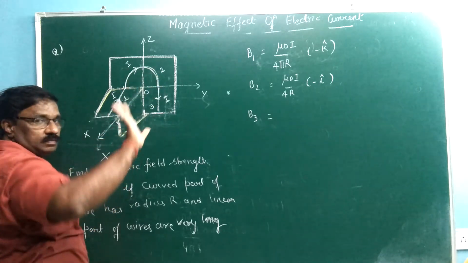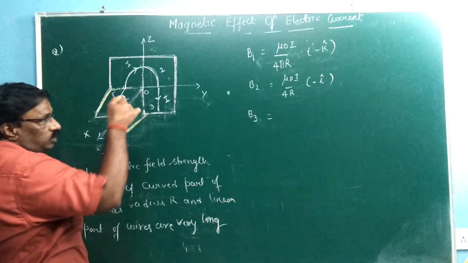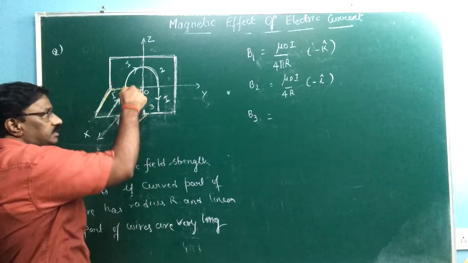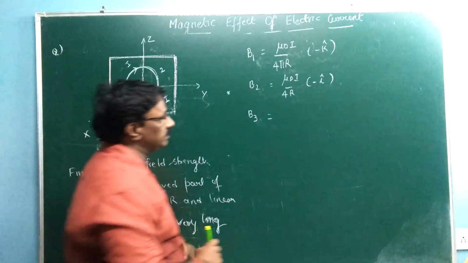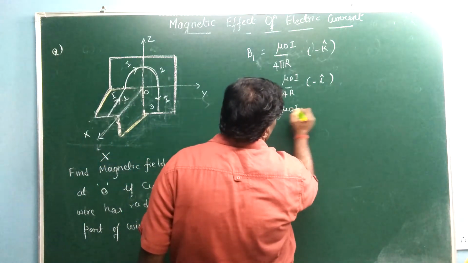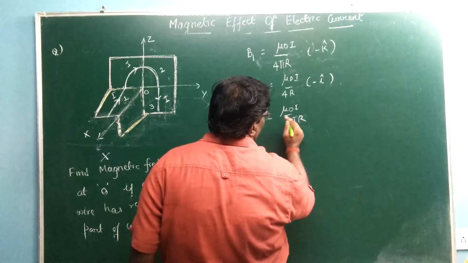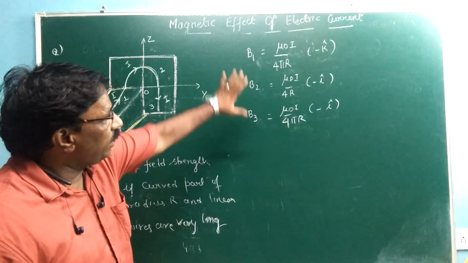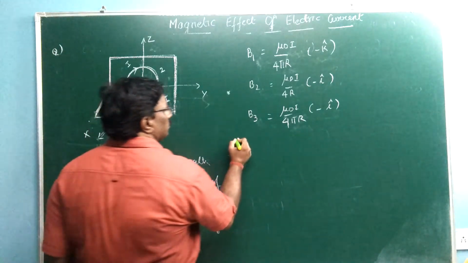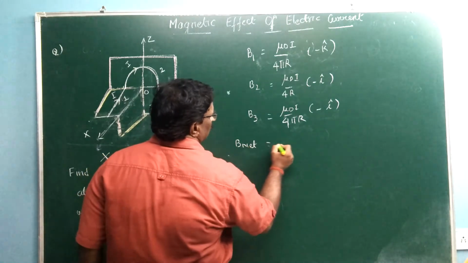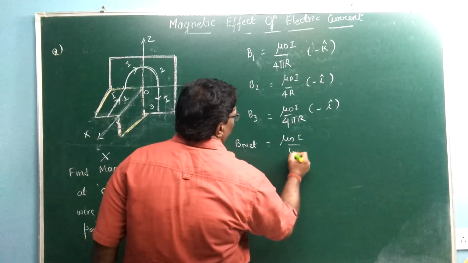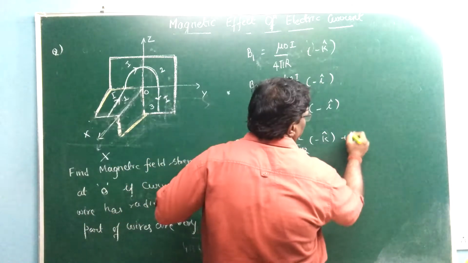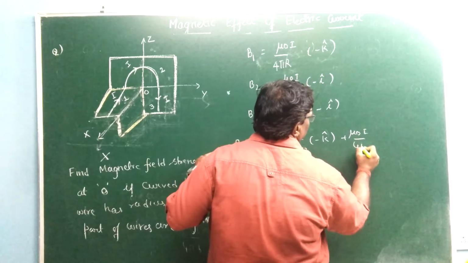This one, it is towards the negative x-axis, minus I. And this one, it is also like this, towards the negative x-axis, so minus I. You know, mu naught I by 4 pi r, minus I. So now add them. So what is B net? Divided by 4 pi r, minus k cap plus mu naught I by 4r.